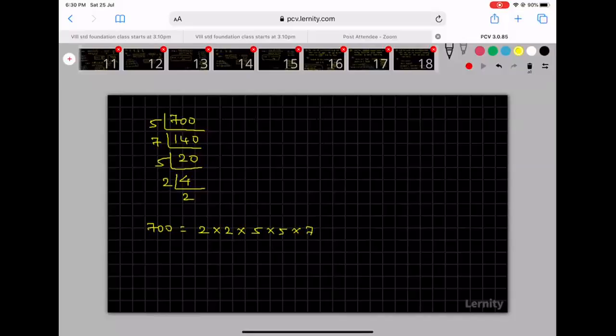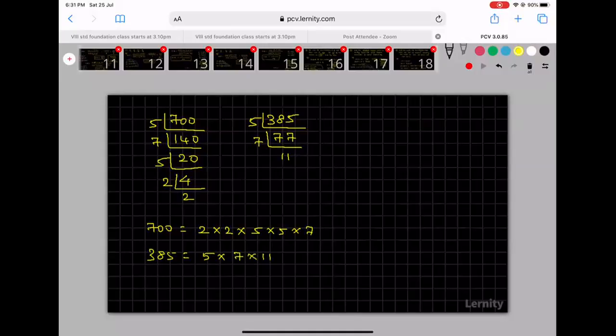Then next is 385. I am taking 5 table, 7 7, so I will get 11. So 385 I can write as 5 into 7 into 11.